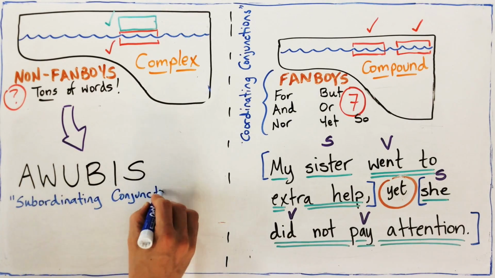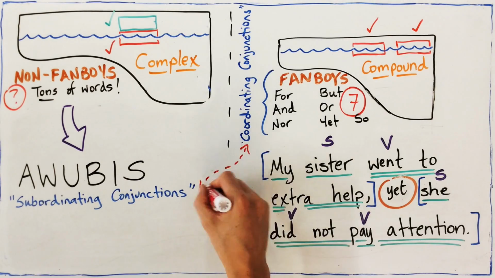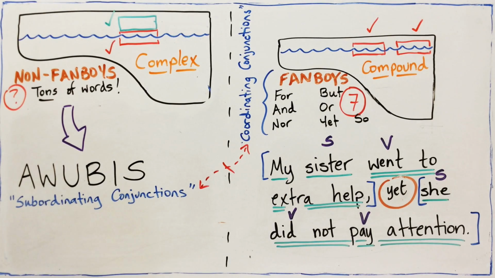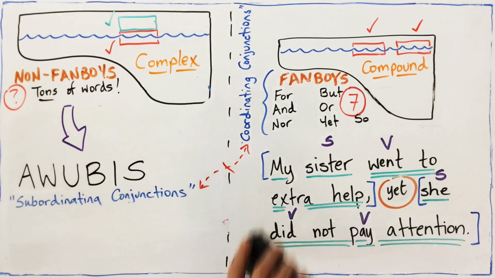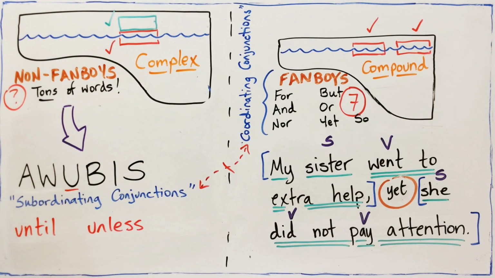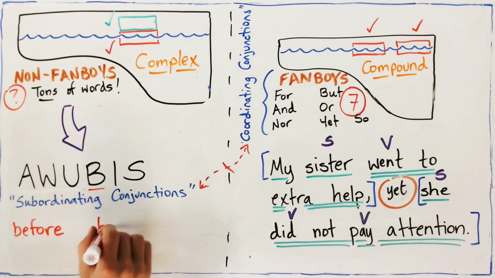Now what I've not been telling you is that these non-fanboys words have their own name. They're called subordinating conjunctions, and the nickname for them is awubis because the letters of this word help you remember a lot of the different subordinating conjunctions. Now, just like coordinating conjunctions, subordinating conjunctions pop up in sentences with multiple clauses.